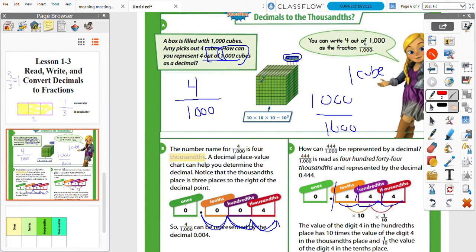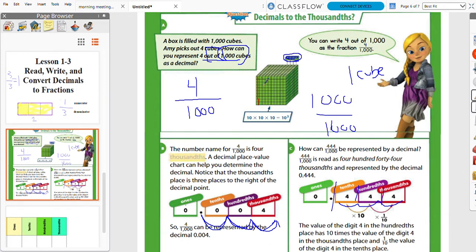Remember, the rods are the ones that go up and down like that. I would have 4 of them. And that would give me 4 pieces that are equal in number and value.